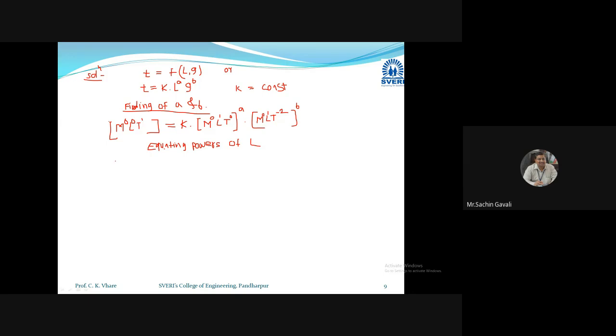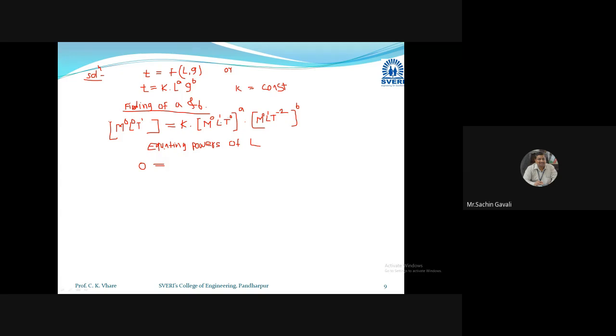Equating powers of L, what is the power of L on the LHS side? Are you getting L raised to 0? L raised to 0 means 0. We are equating powers, so 0 is equal to the power on the right.